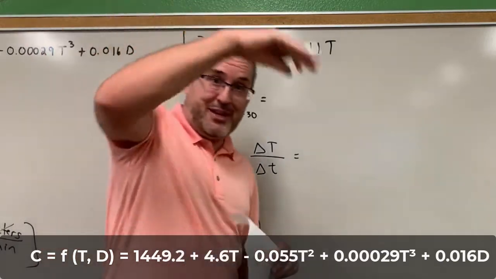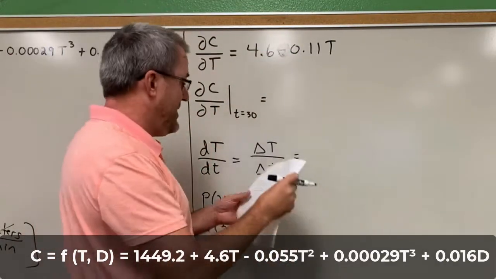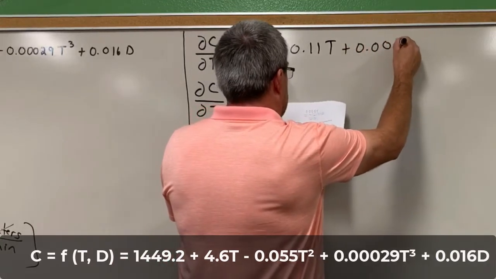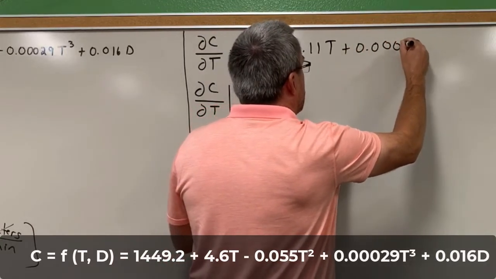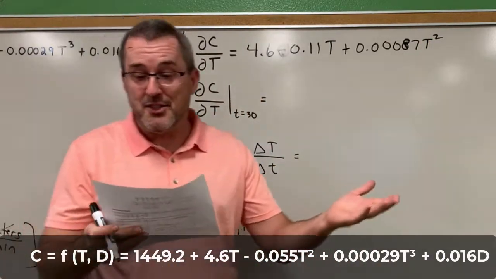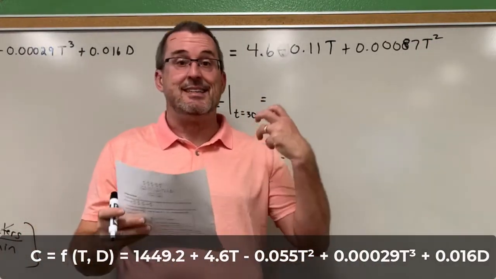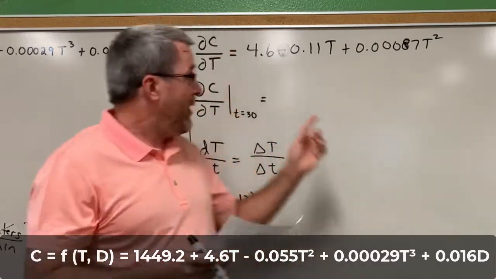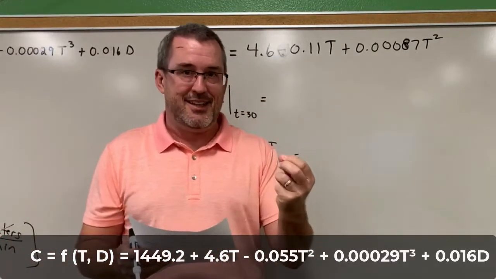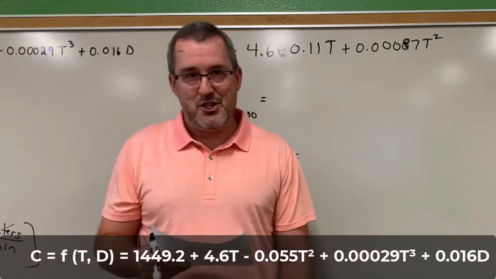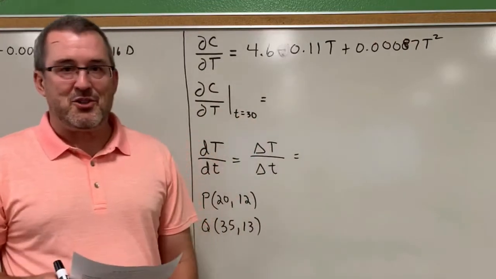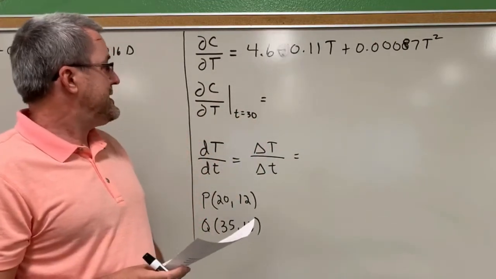Power rule, 3 comes out front, decrease the power by 1, and that term will be 0.00087 t squared. And then the last term, the 0.016d. Now remember, with a partial derivative with respect to t, we're holding d constant. So that will also differentiate to just 0. So there we have it. There's our partial derivative with respect to t.